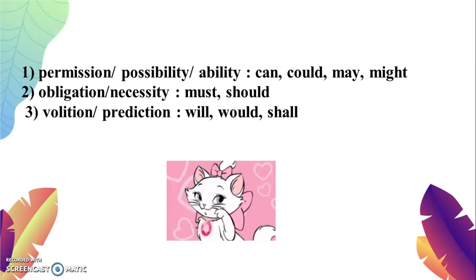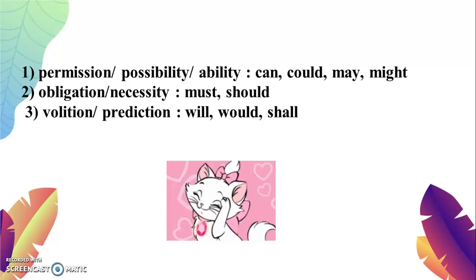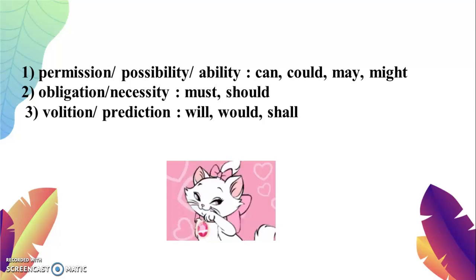May and might both indicate possibility, but might can suggest that there is less possibility than may. For example, it may rain later, or it might rain later. Must indicates necessity. For example, I must leave now.